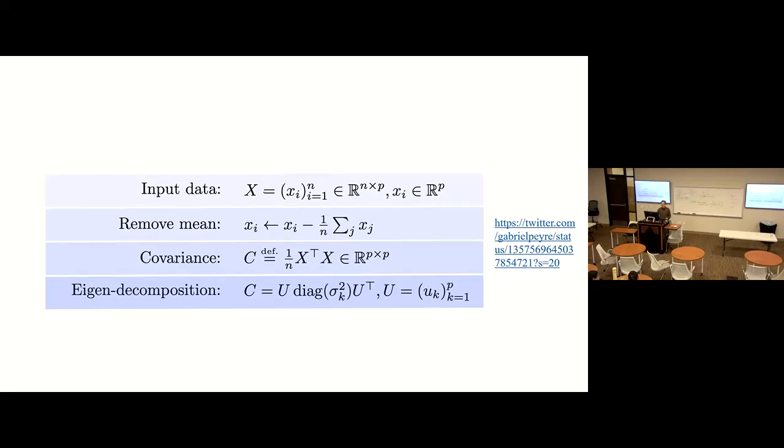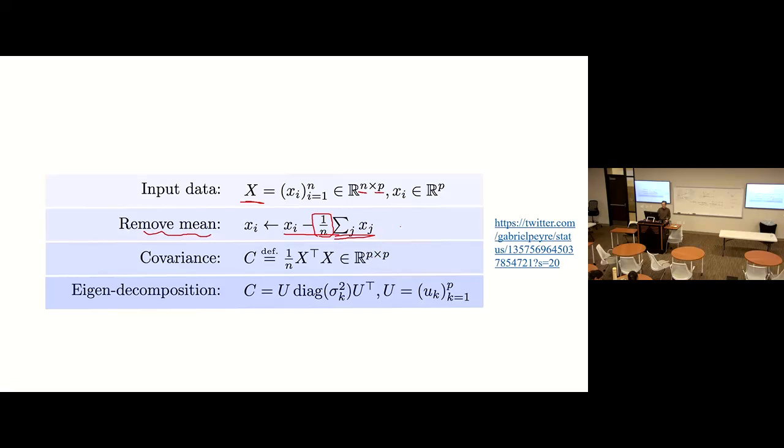So that's the description. You have X, N cells, P genes. Then you calculate the gene averages and remove them, so it is centralized. Remove the mean, so this step centralizes your data.